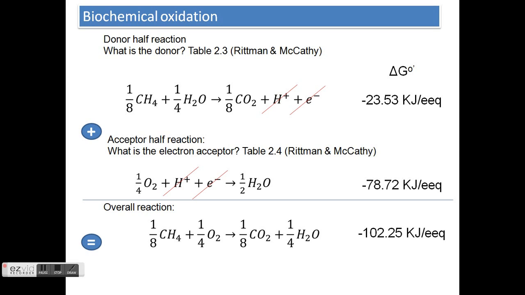0.102.24 per electron equivalent. An electron equivalent, we're referring to the energy per any electron donated, and or electron used. That's per electron equivalent.